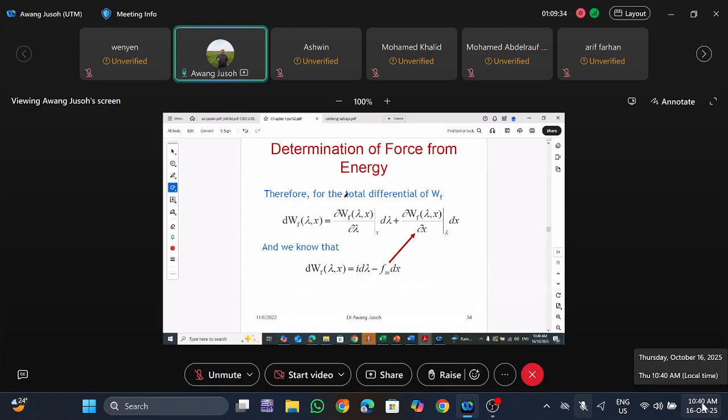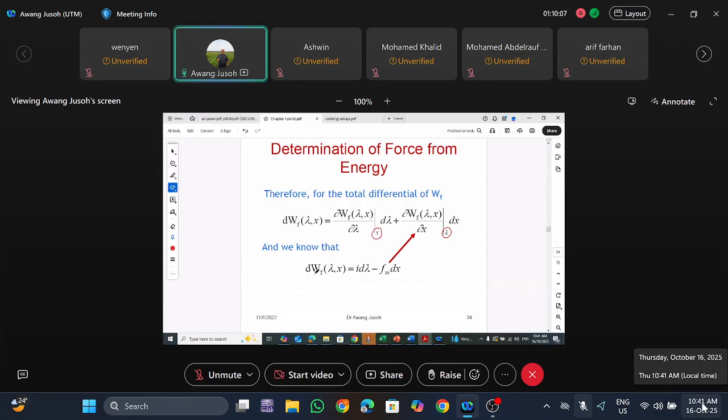So the total differential of our energy function equals the partial derivative with respect to lambda, while doing that x must be constant, and then the partial derivative of Wf with respect to x, while doing that lambda must be constant. Then we match these two equations with the original equation for the stored energy from just now.